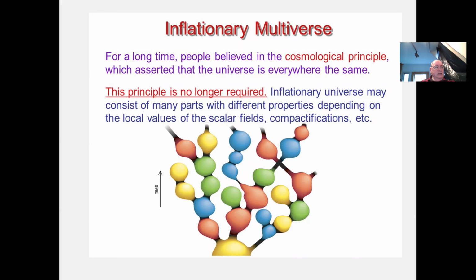Different places in an inflating universe can start their own inflation and head off to a place where that original universe would never see it in its observable universe because of the nature of the incredible exponential expansion. Guth at first resisted this because he wanted inflation to be one thing.